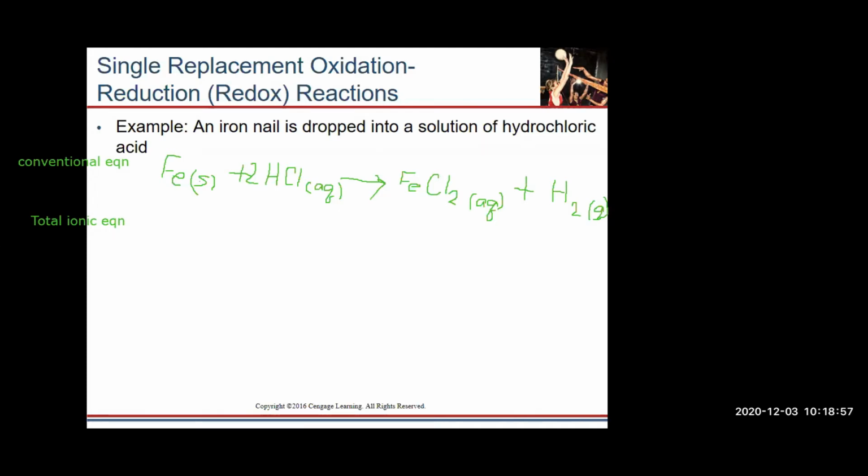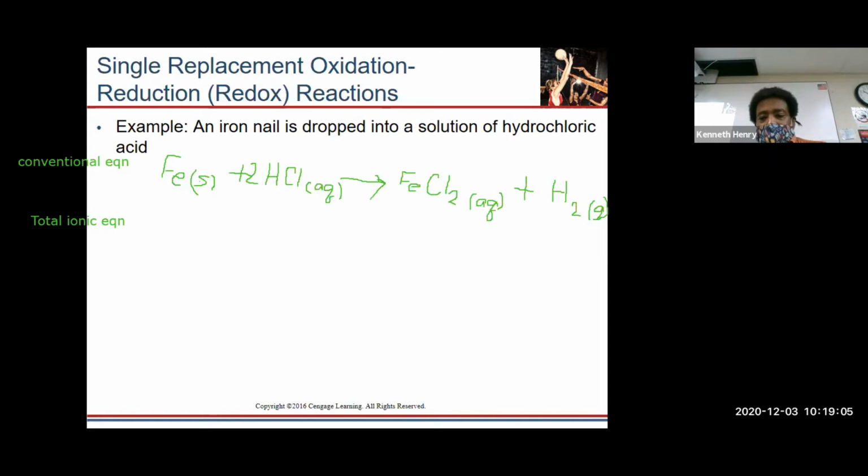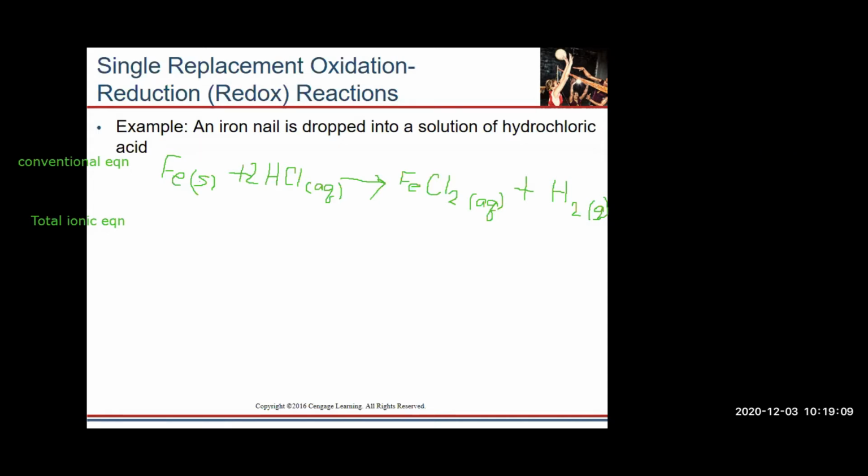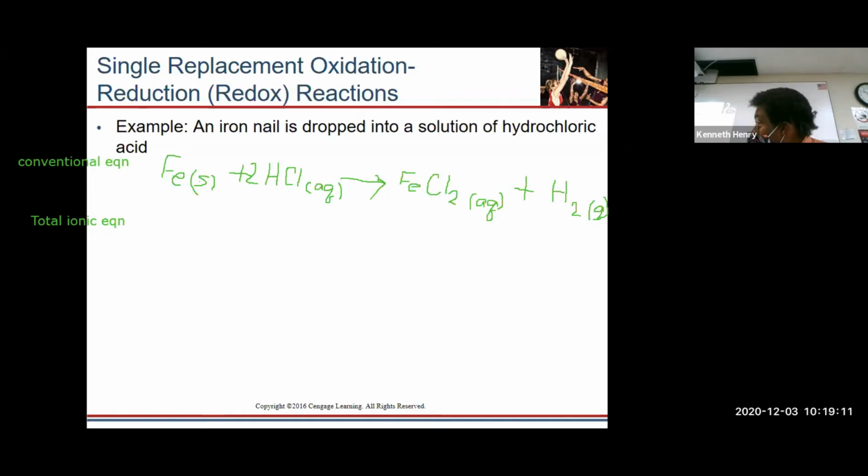The ones that are not aqueous. So that's solid, liquid, gas, right? Or if it's a weak acid. So weak acids aren't going to be broken apart either. So that means iron we're going to leave alone, right? So we're just going to drop it down as is.